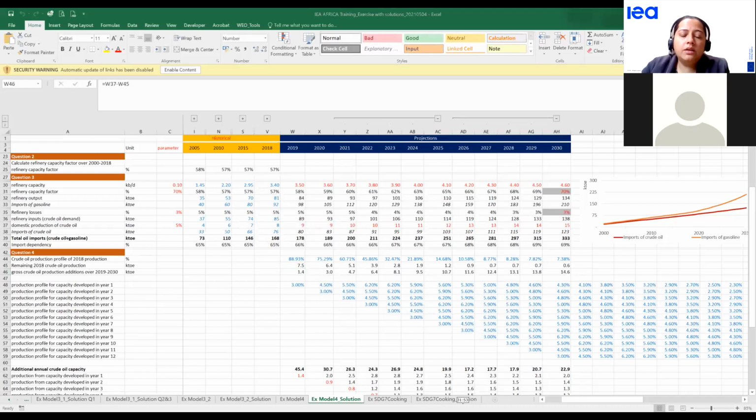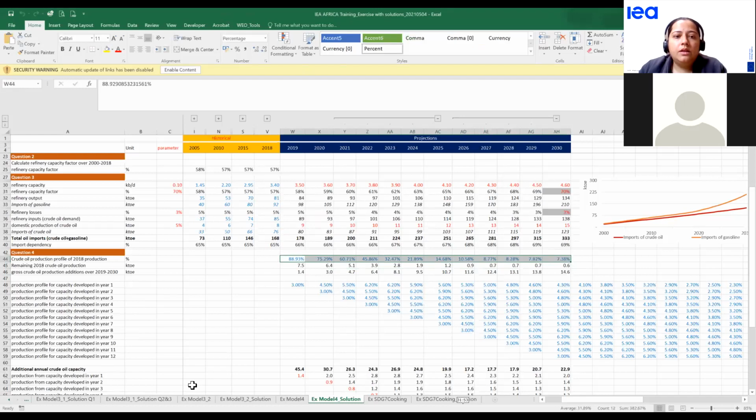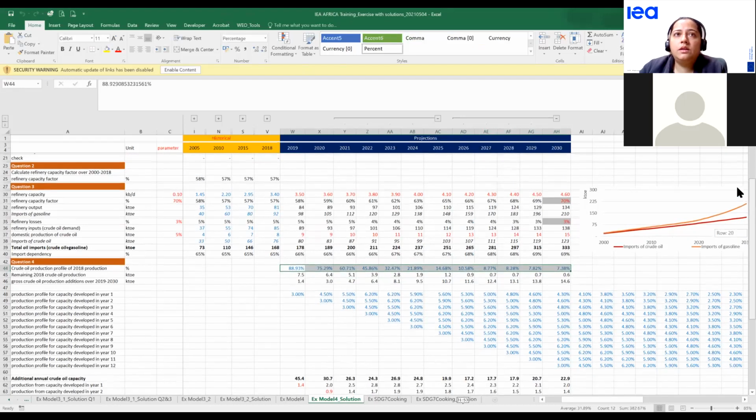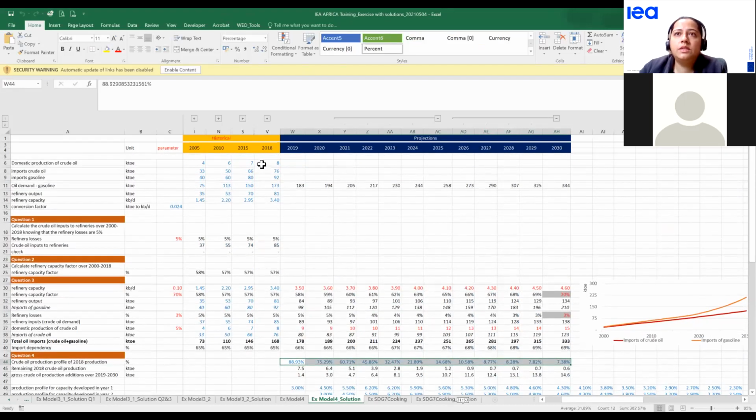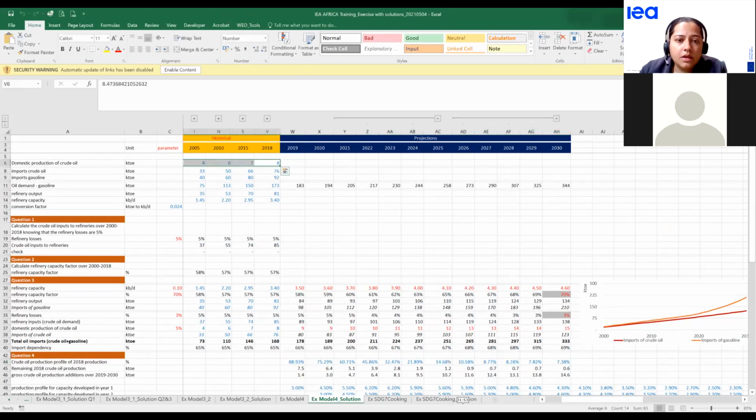And here we are given the production profile of the crude oil of 2018 production. And so the line, so we know this. And we also know the 2018 production quantities. So here we know the production quantities for 2018.